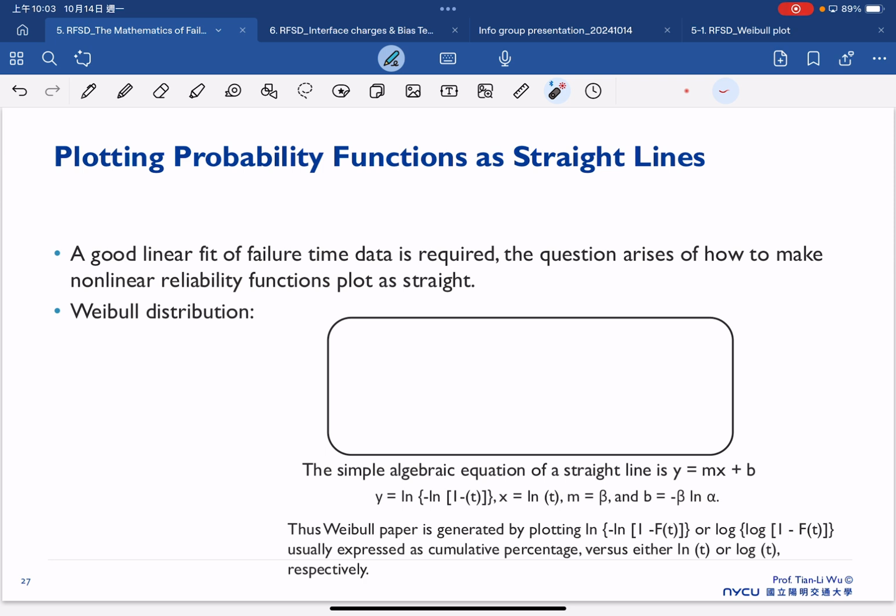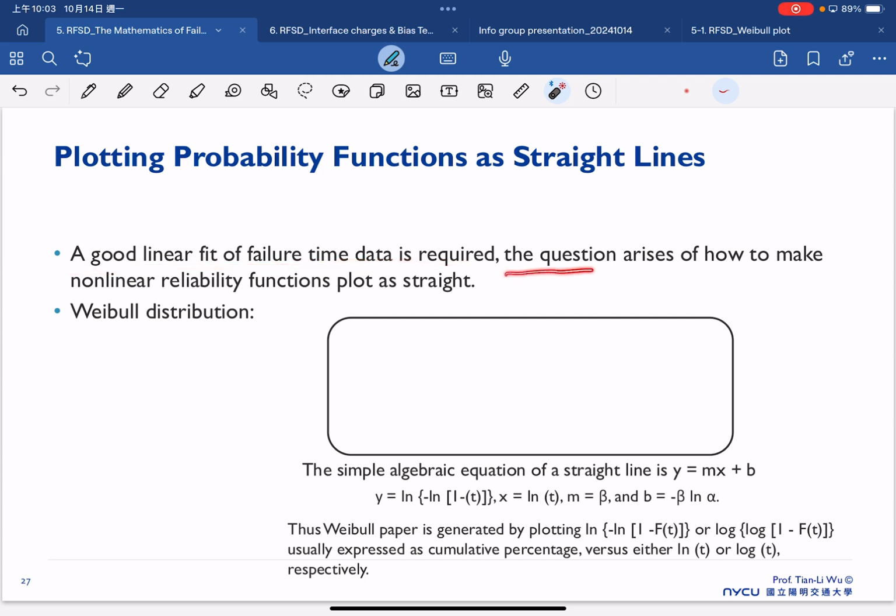But as engineers, we always try to find a way that allows us to easily use this distribution. So our goal is to plot the probability function as a straight line. So a good linear fit of the failure time data is required.